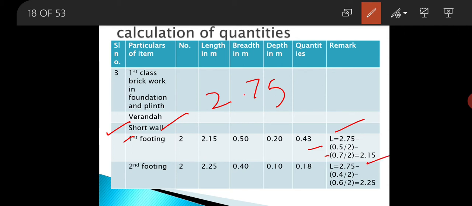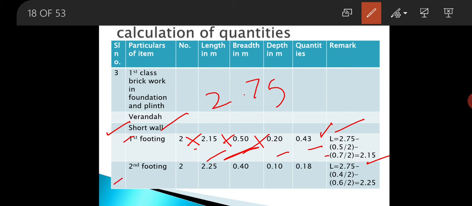So this will give you the length as 2.15. Number is 2. This is the width of the first footing of veranda wall, that is 0.5, and thickness is 0.2. After multiplying all these, we will get the total quantity as 0.43 cubic meter.